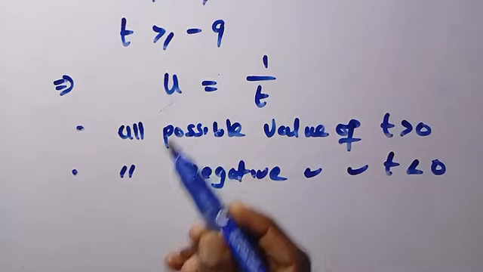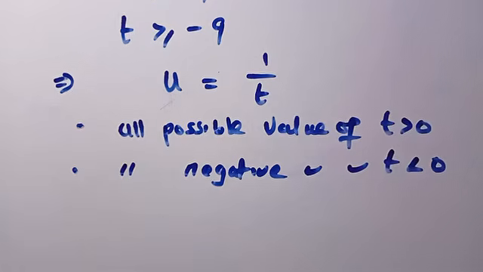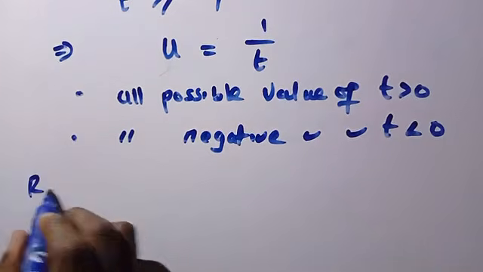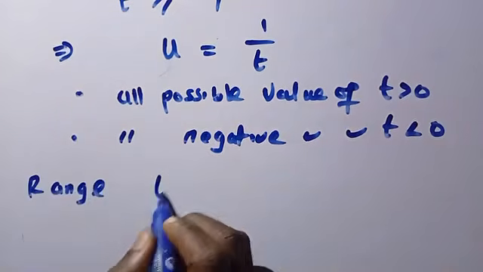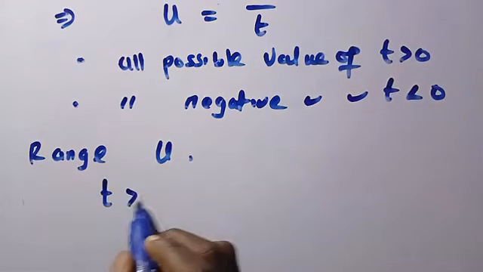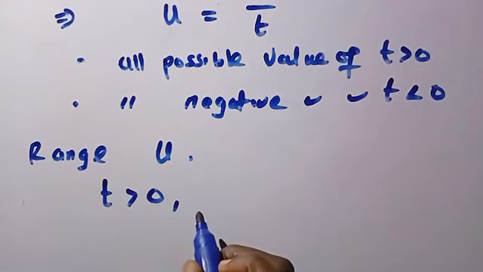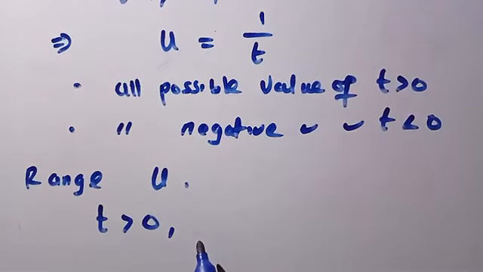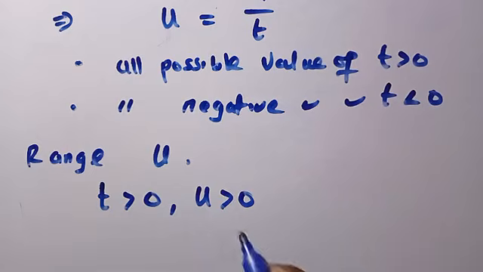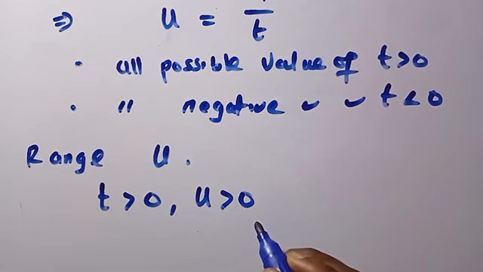We have defined the domain of u, and how can we know the range of these equations? To know the range of u, suppose we have t greater than 0, what happens to u? Where we let u equals 1 divided by t, u will also be greater than 0. And this is for all positive values, either the small or the big number.